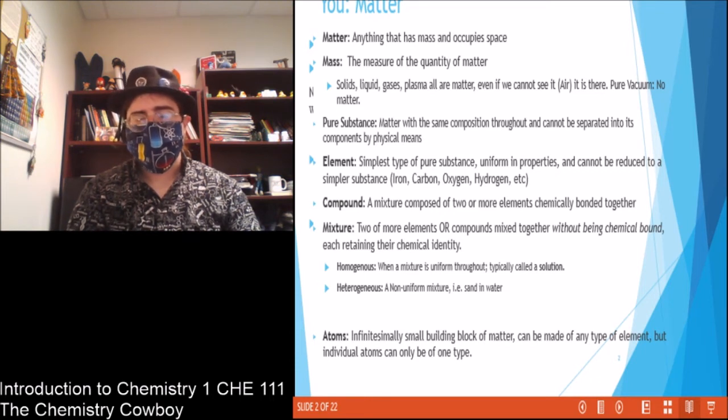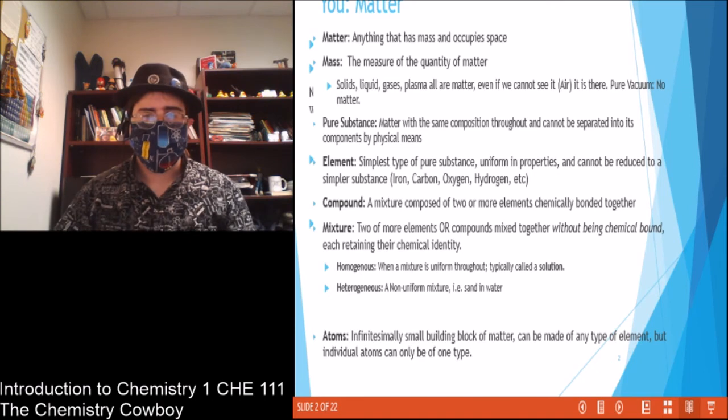As you drink the Kool-Aid, it's going to go from watery to sweet as you get down to the bottom where all the sugar is. So depending on the mixing, you could have heterogeneous and homogeneous.